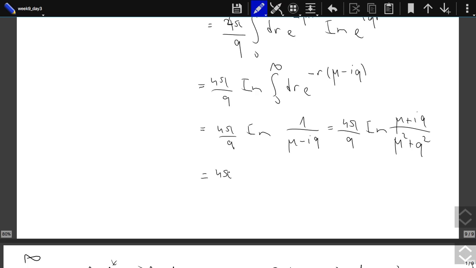So the result is 4 pi over mu squared plus q squared. Mu is the photon mass.